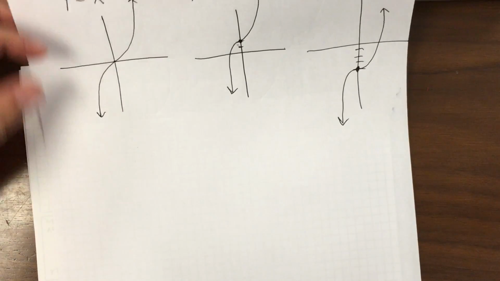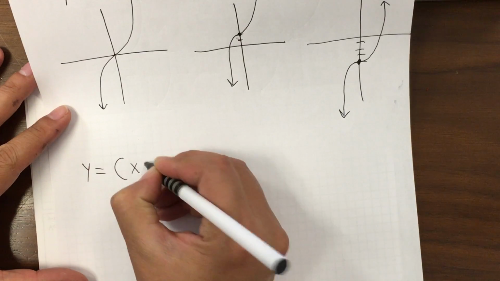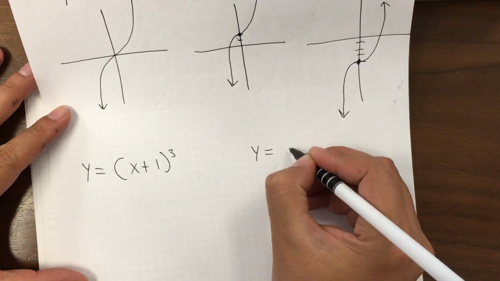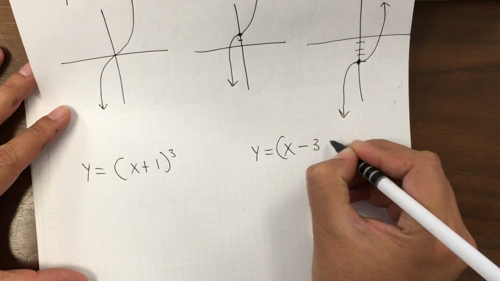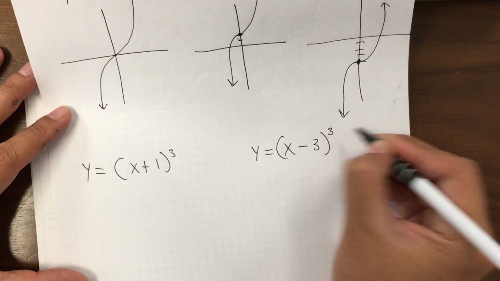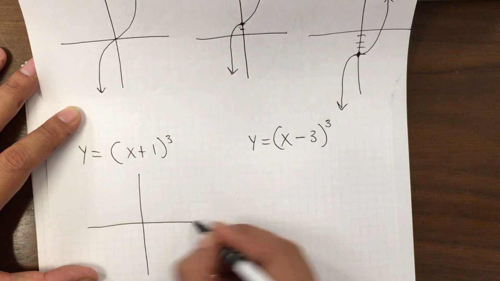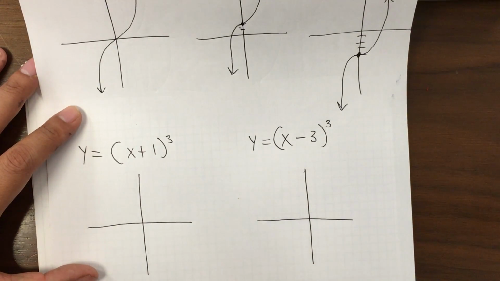With parentheses, we're gonna have something similar, the same graph, but going or translating to the left or to the right.